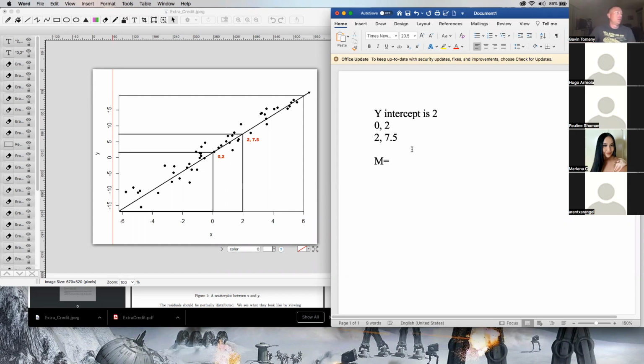Yeah. I'm going to make a rough copy of all the information and then I'll make it look nicer afterwards.